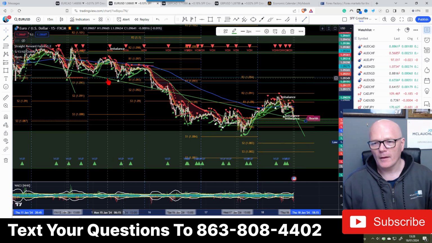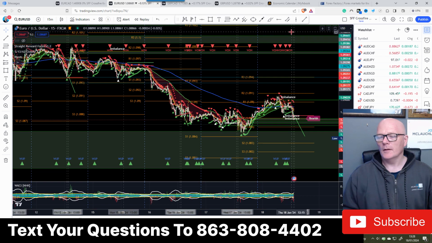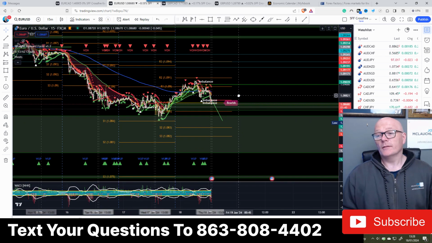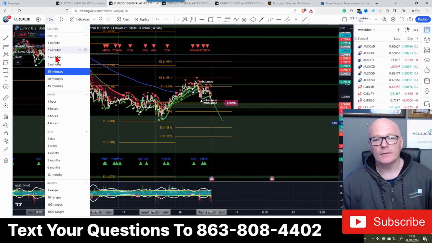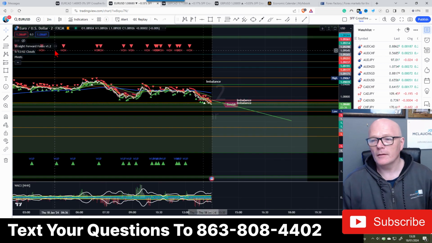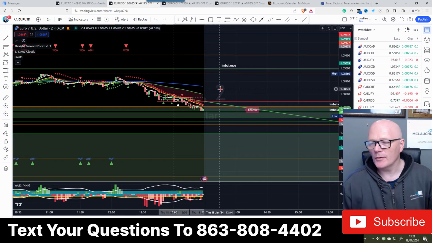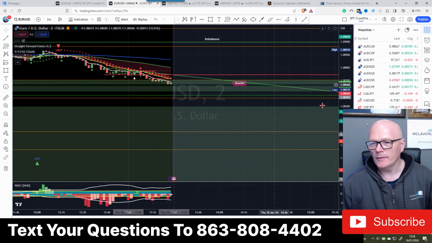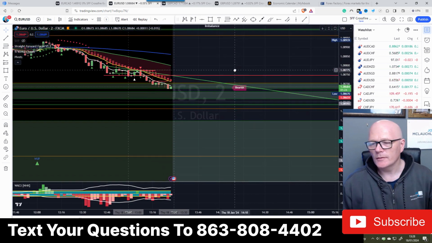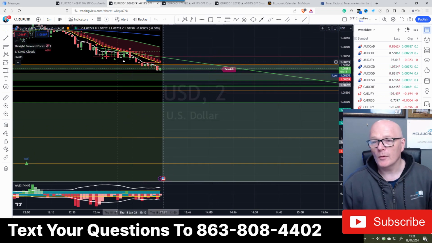And one of the mantras about trading is the trend is your friend until the bend. So we're currently in a downtrend. So potentially, when the news goes, it may well take out some of this imbalance. But we're currently in a downtrend, so we'll see.